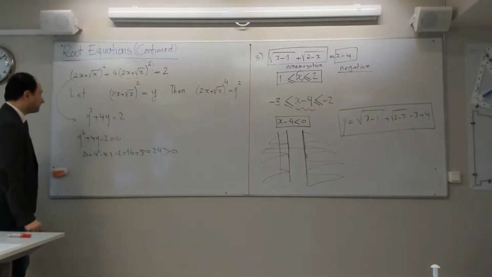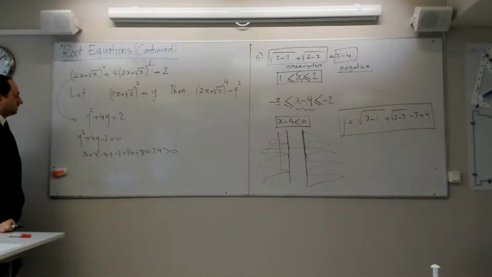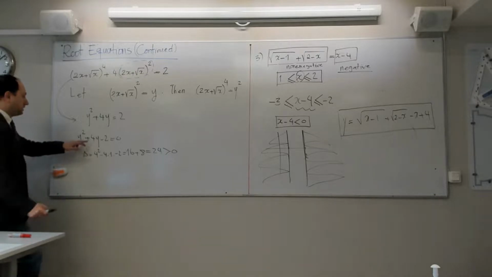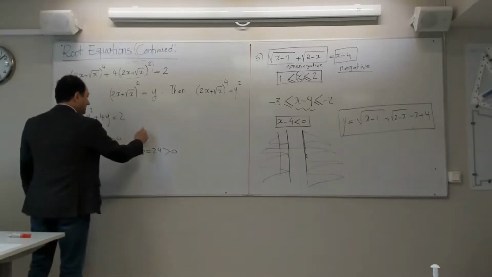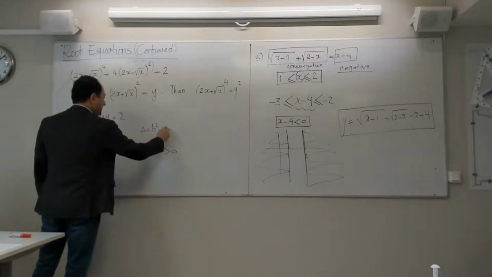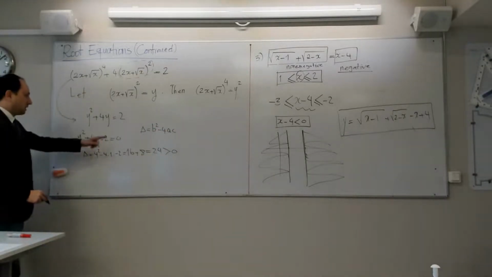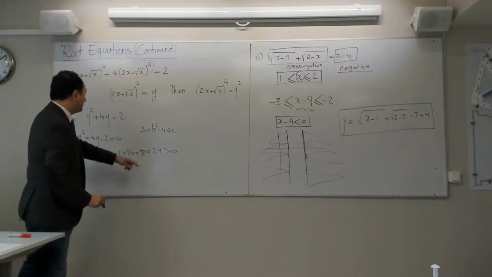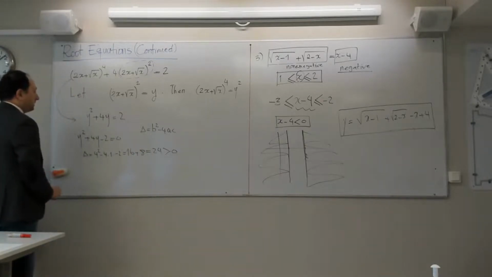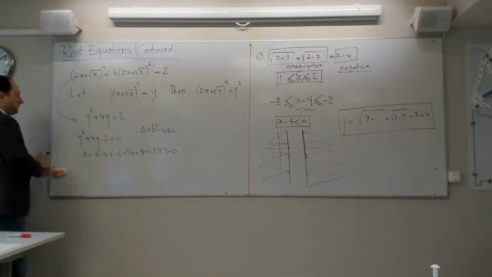Where did you get 4 to the power of 2? This is delta. Delta is b squared minus 4ac. And then b is 4. Yes. And then I'm just using delta, so it becomes 24. That is a real positive.